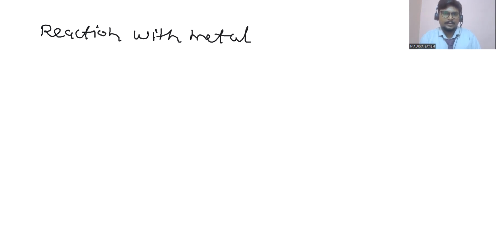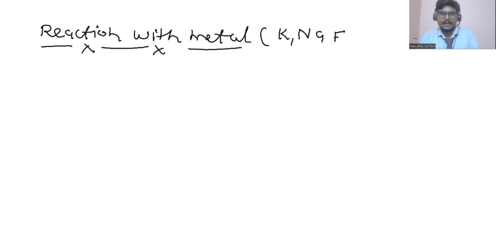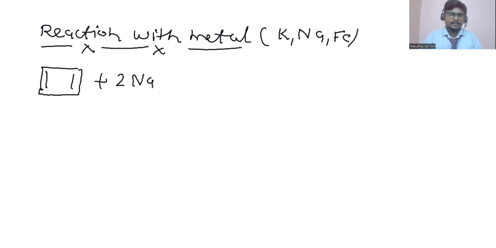Like you know, sodium, potassium, all the metals lose electrons easily. If I take this example and take 2 moles of sodium, what happened? This sodium loses an electron, it becomes Na plus and 1 electron.